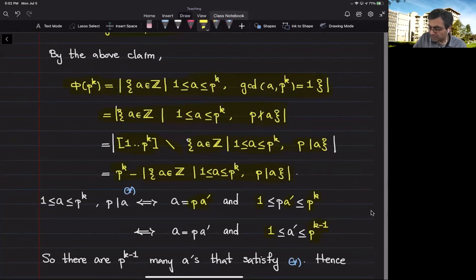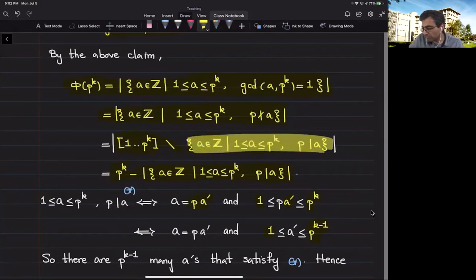So we count the number of integers in this interval, which is simply p to the k, and then subtract out the number of integers that we don't want, which means the number of integers that are multiples of p.